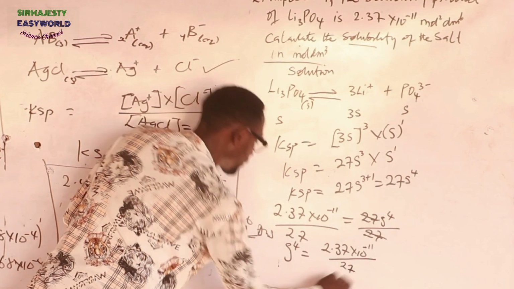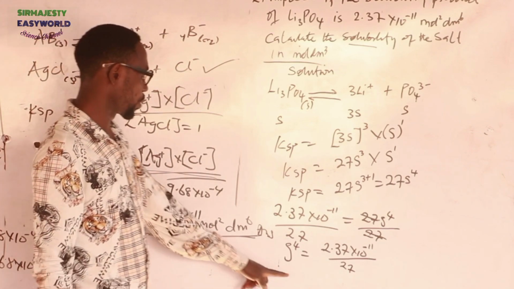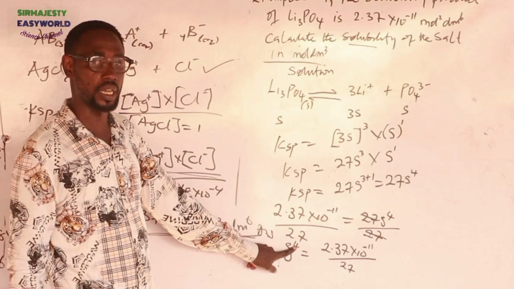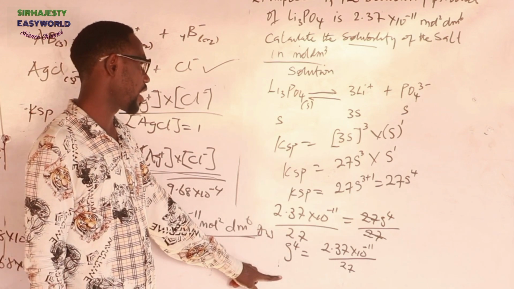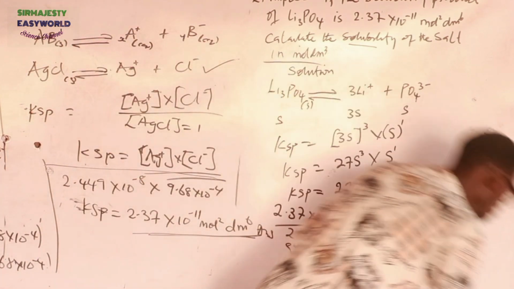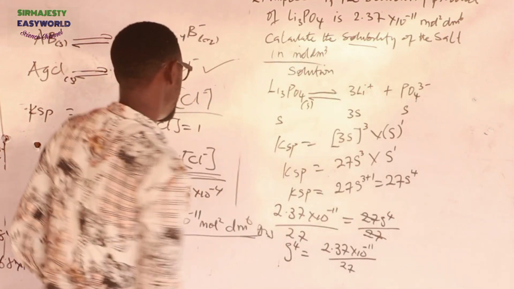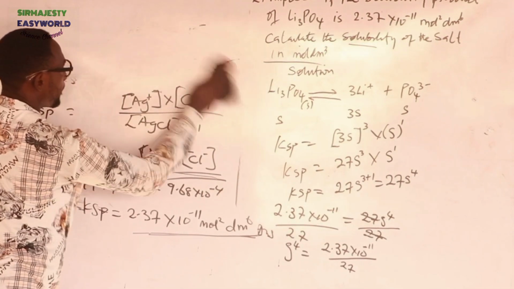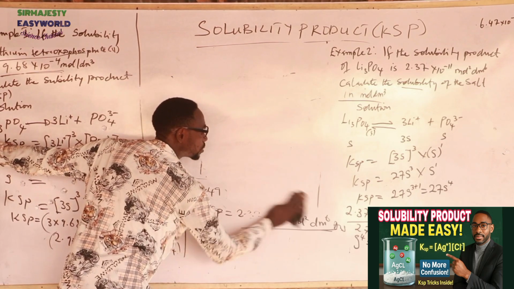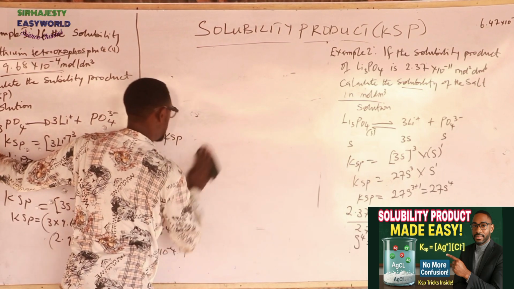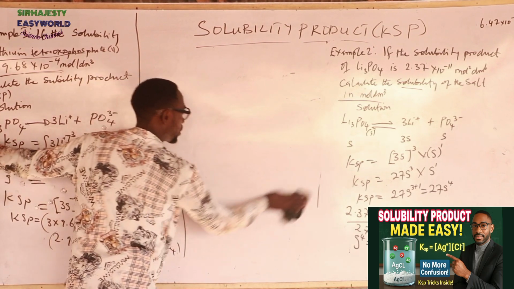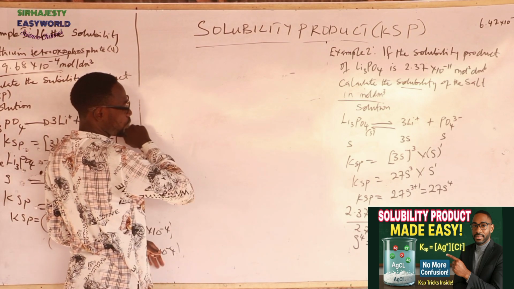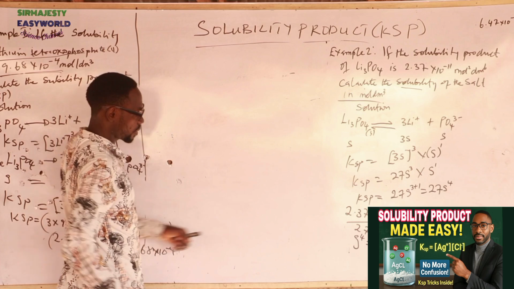Now, mathematically, we will take this raised to power 1 over 4 to remove this 4. We will now have our S left alone. So to continue this math, let me use my calculator and get the answer.